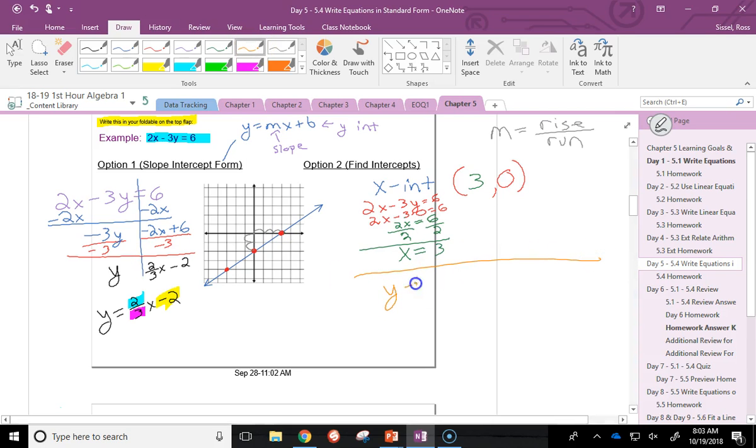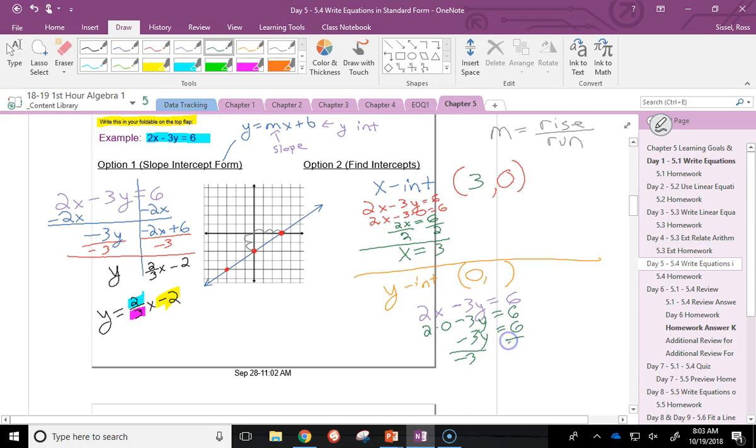We go to do our y-intercept. X is 0. We do the same process. 2x minus 3y equals 6. We replace x with 0. So 2 times 0 minus 3y equals 6. 2 times 0 cancels out, so I have negative 3y equals 6.